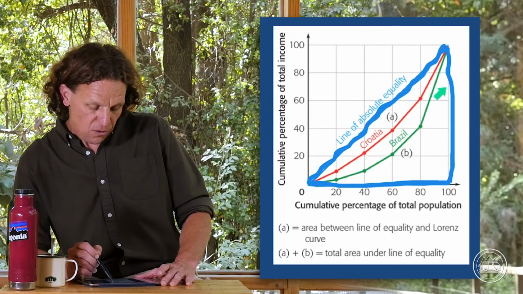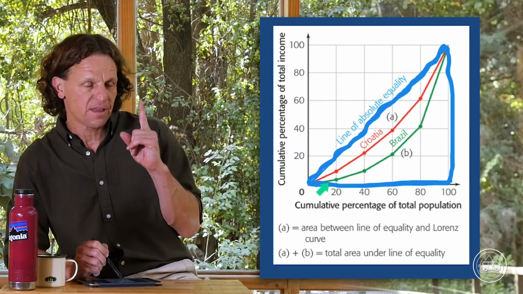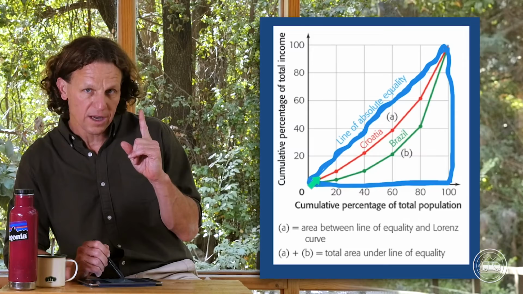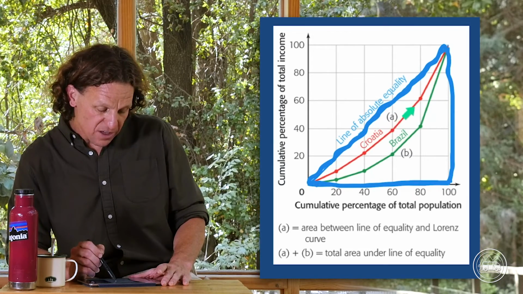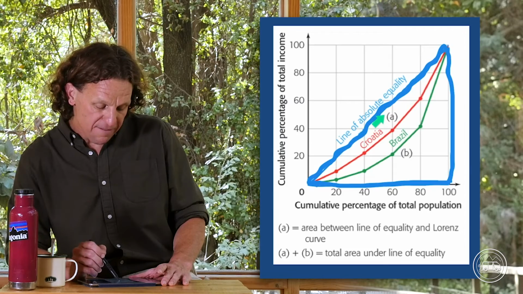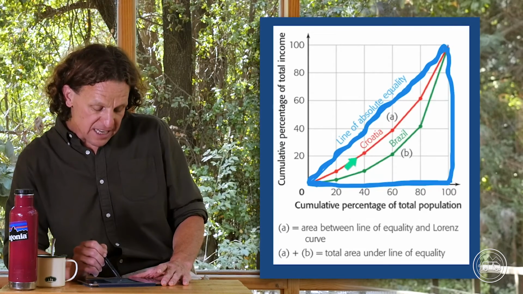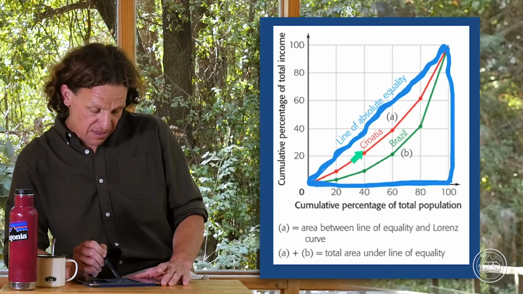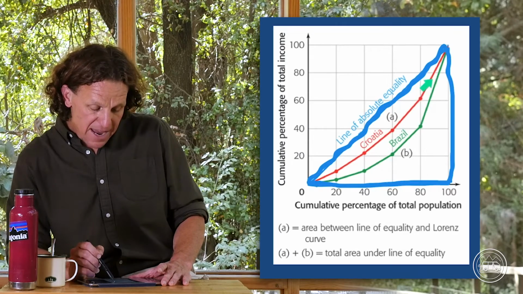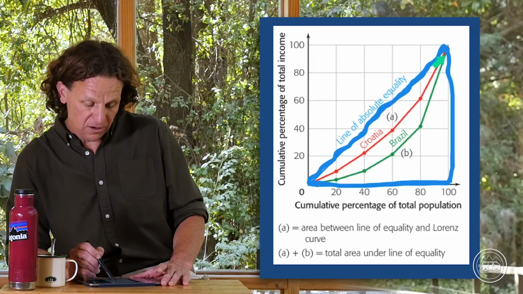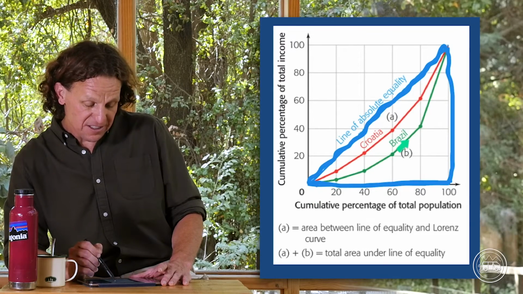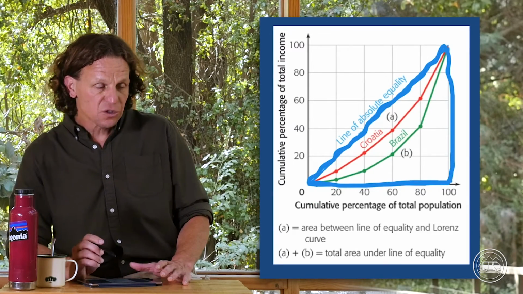This triangle right here represents 1. There, now I said it. So if you look at the area between this red line and the blue line of absolute equality, you would see that Croatia makes up a very nice proportion of that whole blue triangle, whereas Brazil does not, okay? So remember that.